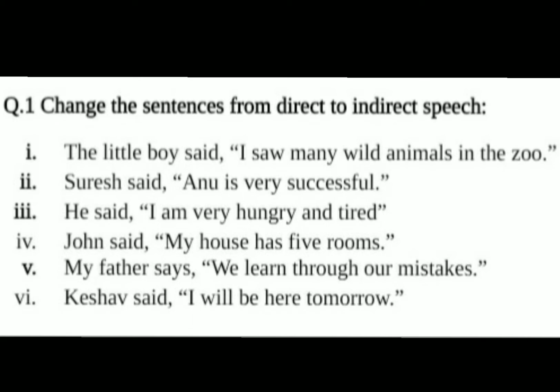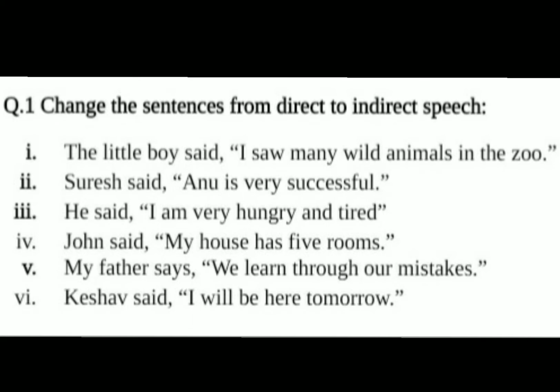I will change to he. And am is in present tense, so it will change into past tense. We'll have to push it to further past, so the verb would become was. The correct indirect speech would be, he said that he was very hungry and tired.